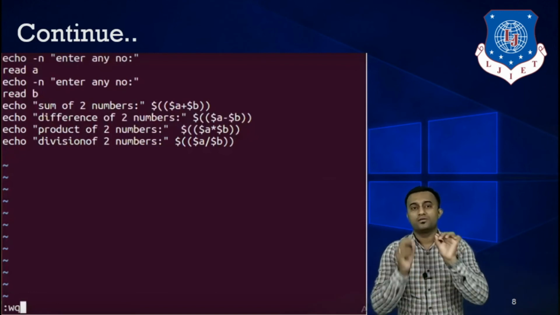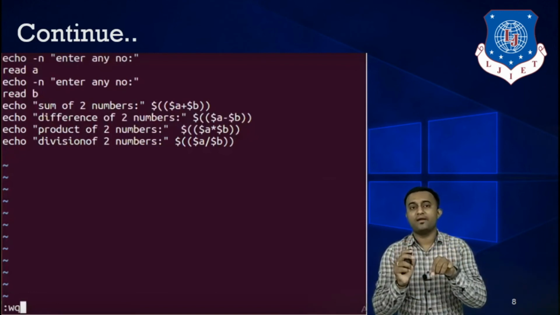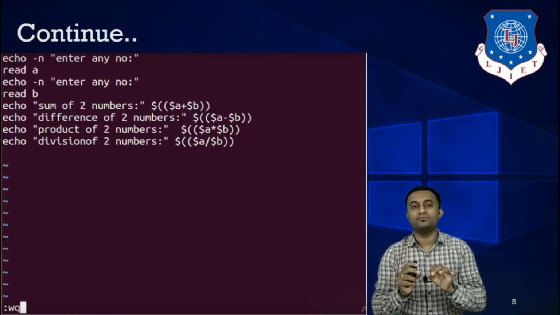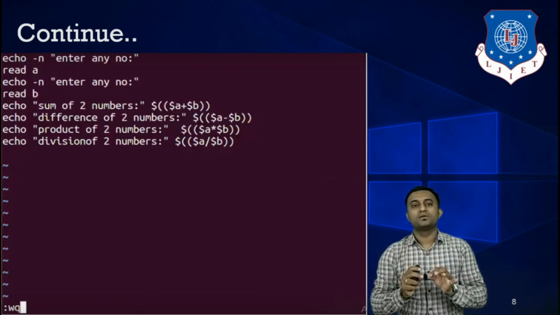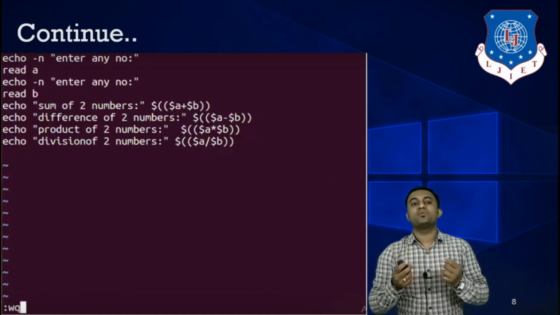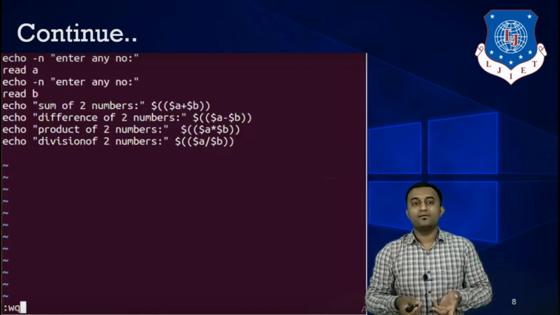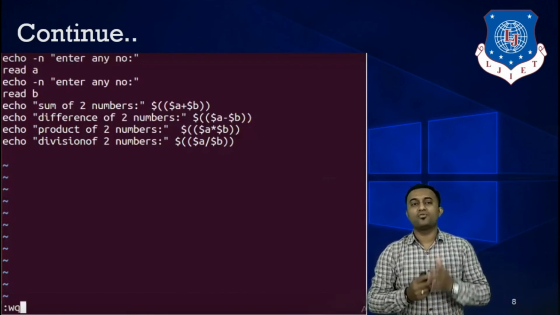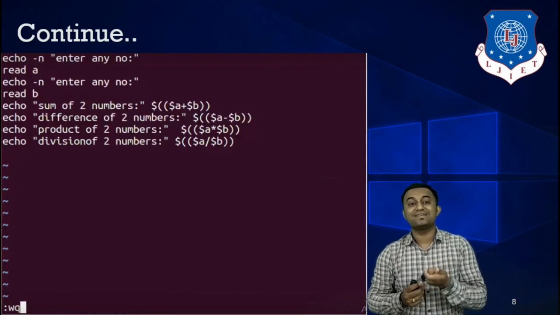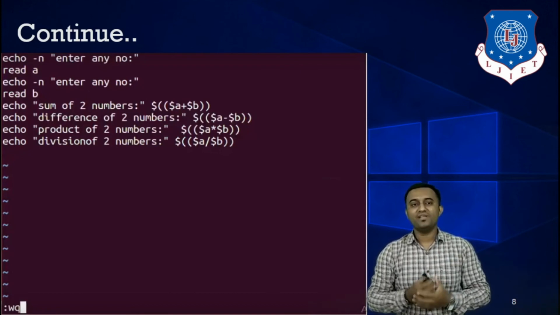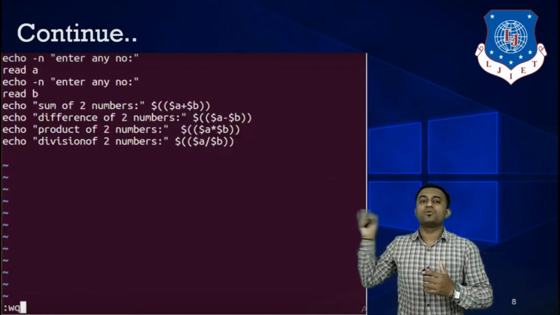It means the two numbers I have supplied at the time of execution need to be subtracted from each other, summed with each other, multiplied with each other, and divided by each other. I need to perform that type of operation, but you need to understand the syntax carefully in this case. You can see the sum of two numbers.